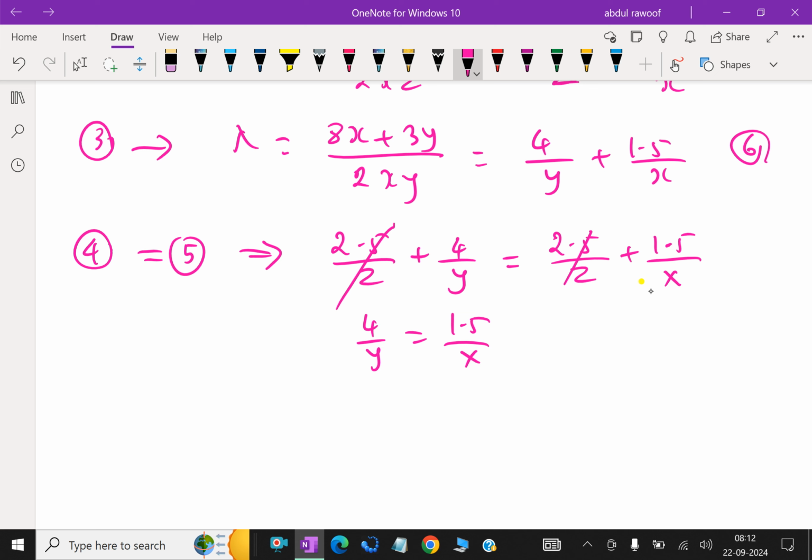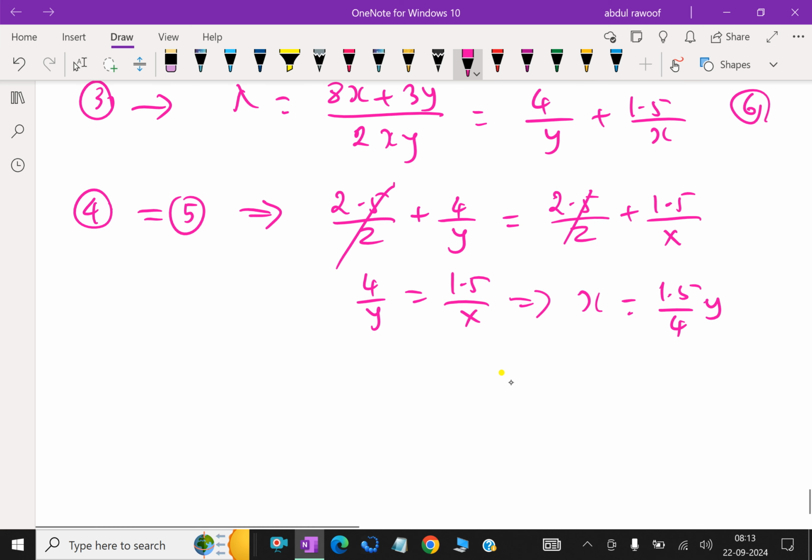From this, by cross multiplying, x equals 1.5y over 4.